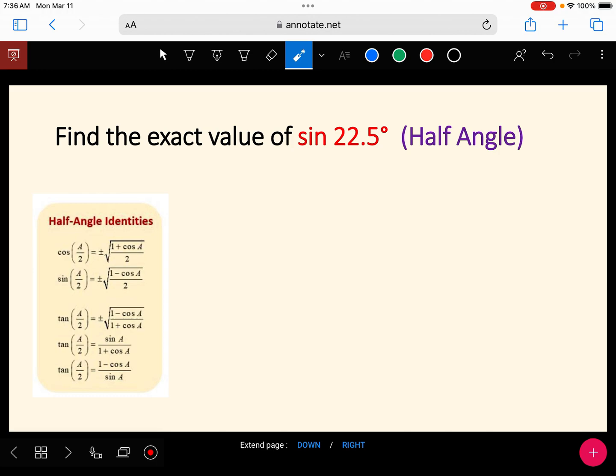So the half angle, what we're trying to figure out is the sine of 45 over 2. Because half of 45 is 22.5.